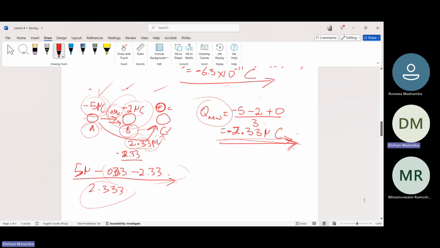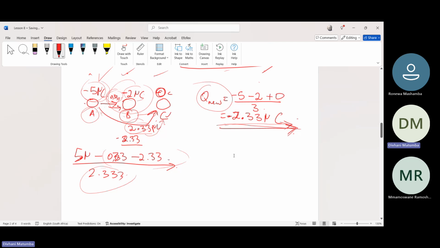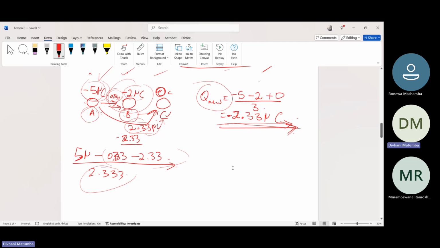So the bottom line is, you cannot explain how the charges will move without computing Q new all the time. You need to know how many electrons are going to be transferred by calculating how much each sphere will have after contact.